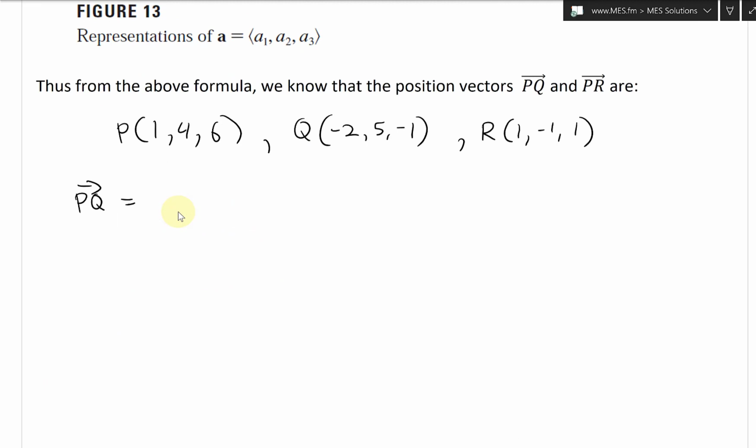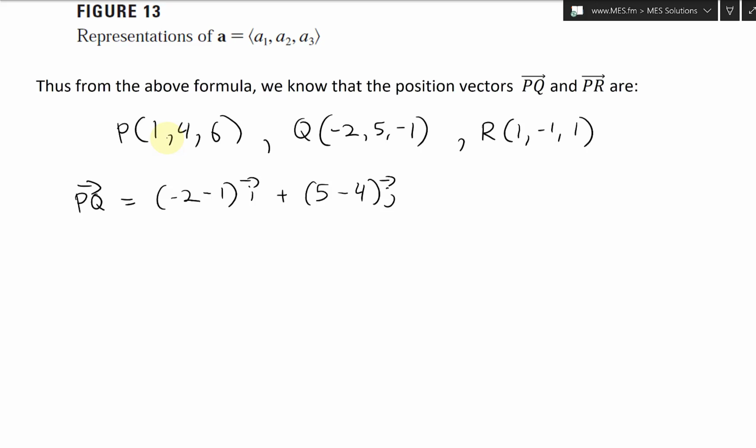The calculus book just writes this in IJK notation, or the standard basis vector notation. So we have negative 2 minus 1, I, and then plus 5 minus 4, J.